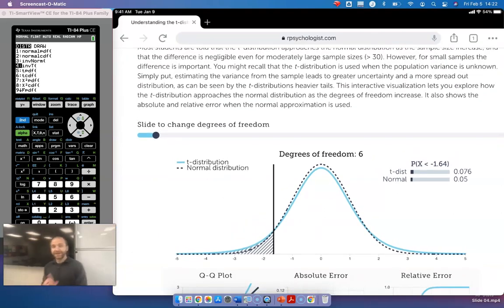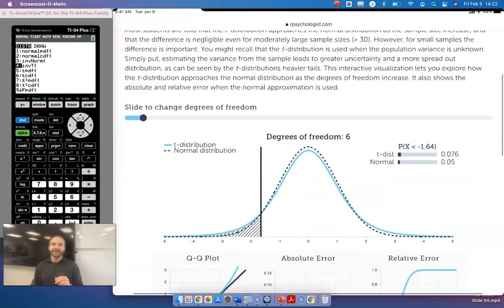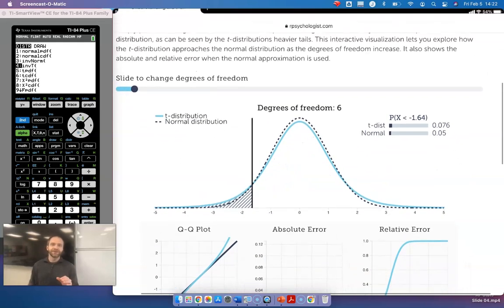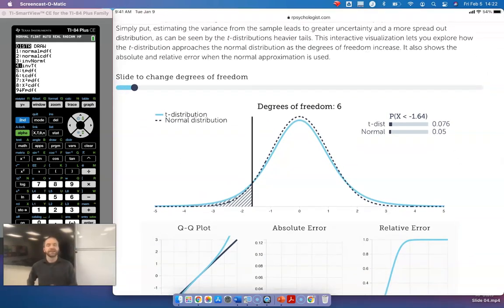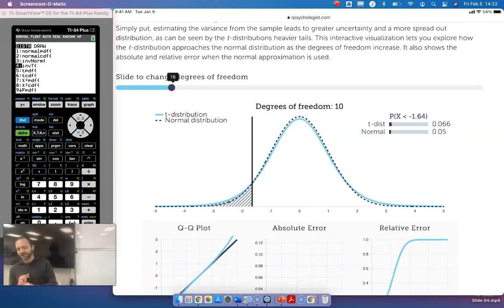Now, one thing that we can't see because you're dragging is the first thing we talked about in the previous one: there's not one t distribution. There's many, many t distributions. Think about that for a second. Every time I slide this, a new curve is created. Every time I change my degrees of freedom, a new curve is created.